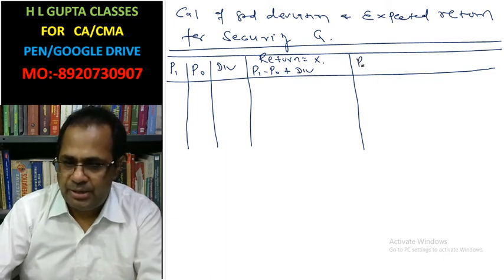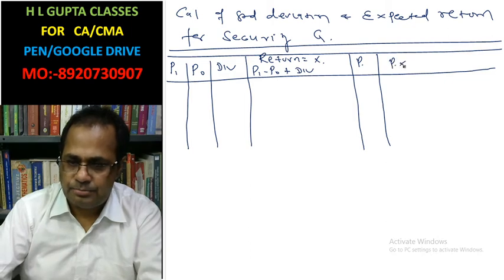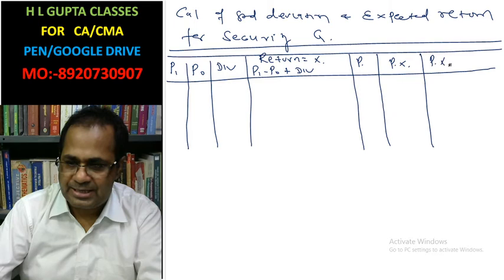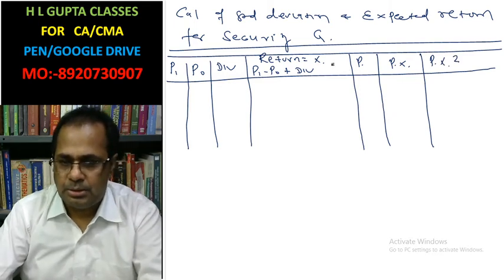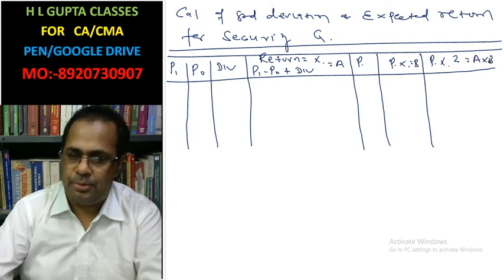This is your PI, PI XI, PI XI X square. This is suppose A, this is suppose B, then this is A into B.